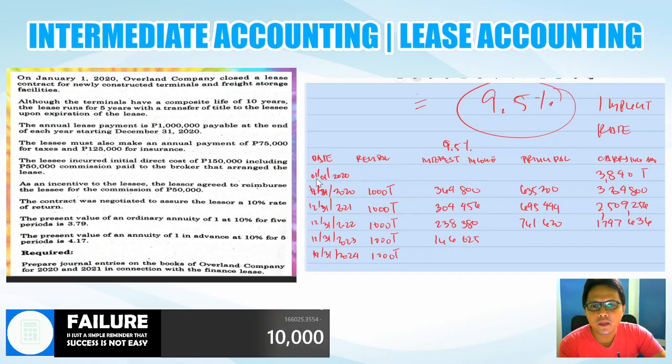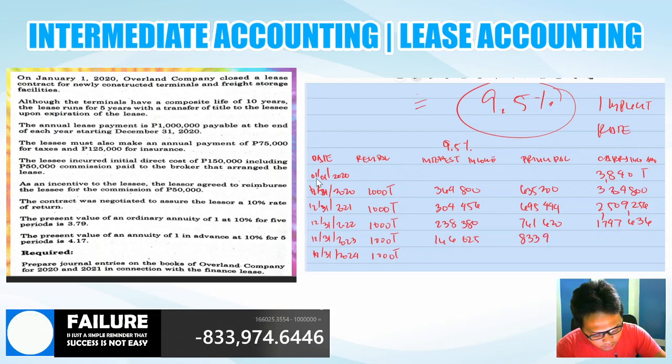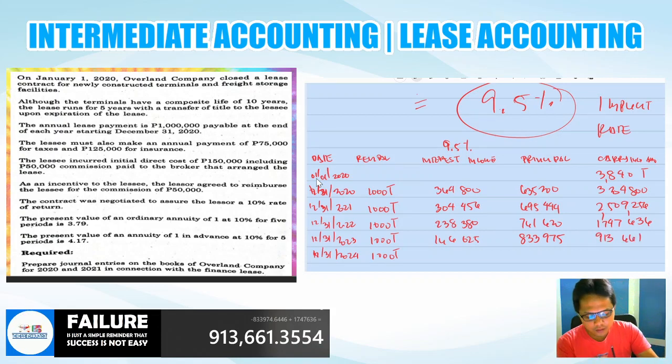Deduct that from 1 million. So 833,975. Deduct that from your carrying amount 1,747,636. We have 913,661. Again, to be practical, go directly to get your interest income. Deduct it from your rental payment.